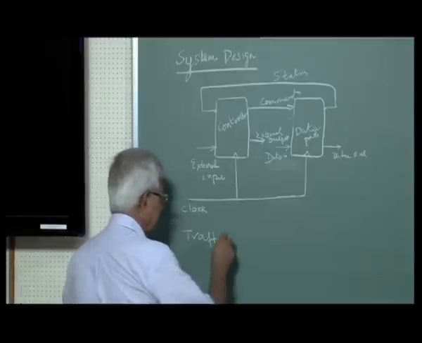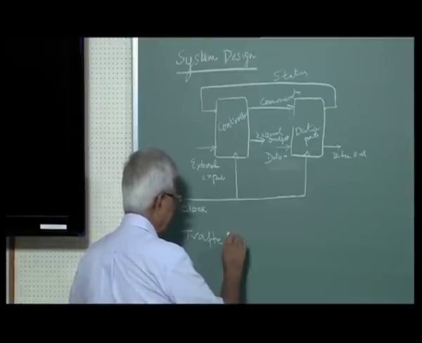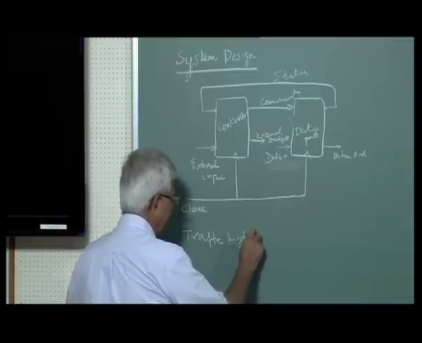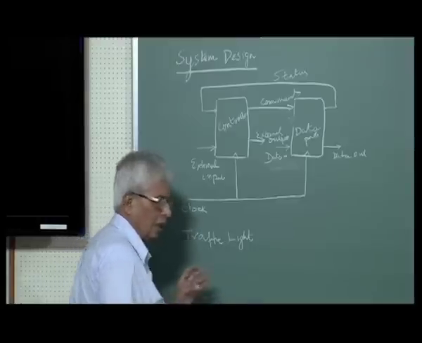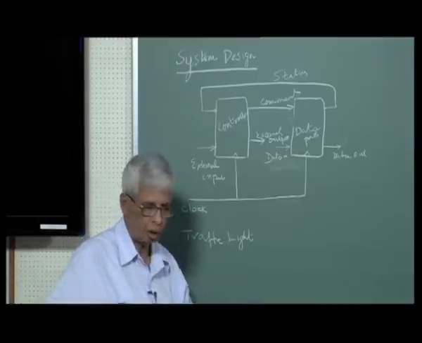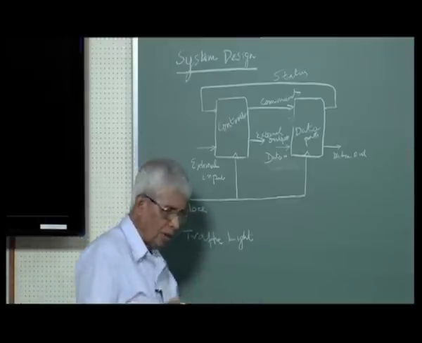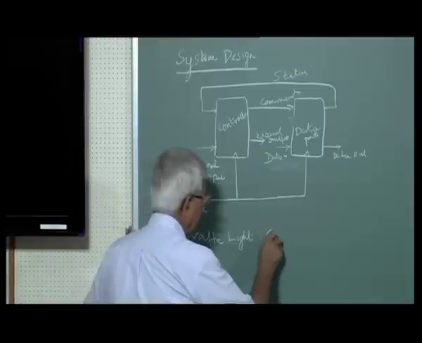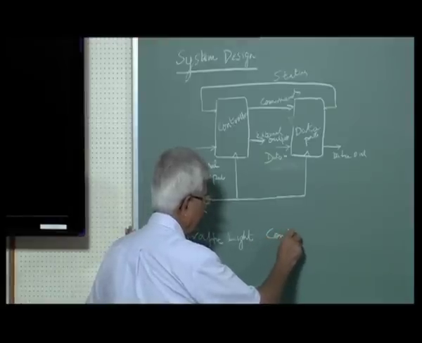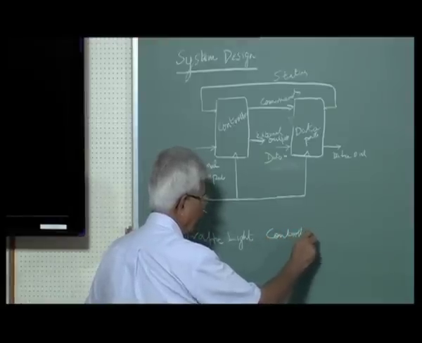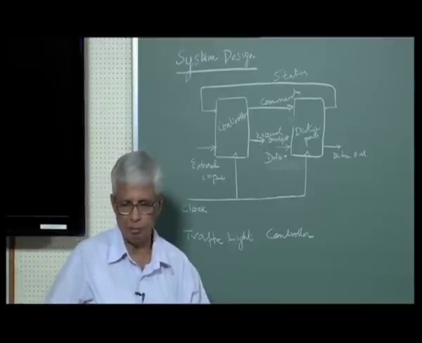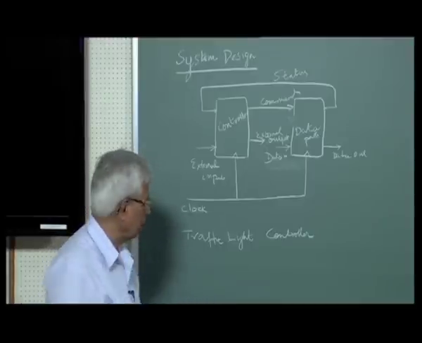So you will think that only such things can be designed using whatever knowledge you have gained in this course. That is why, to take you away from these things, I am taking an example of a traffic light controller. You can do several things like this. This is only an example. I can do a combination logic. I can do a video game, dice game, whatever you want.